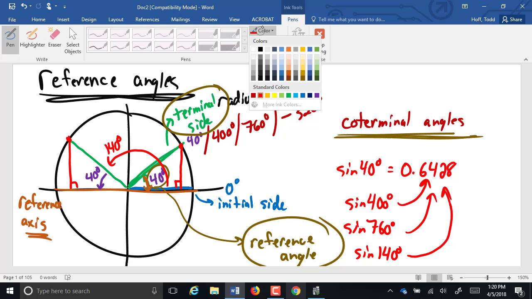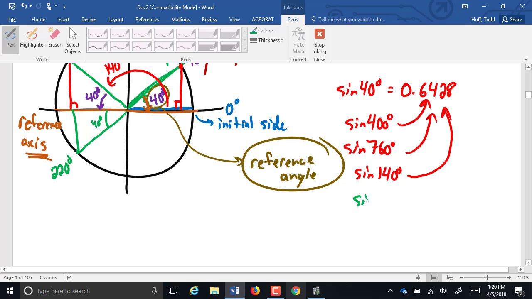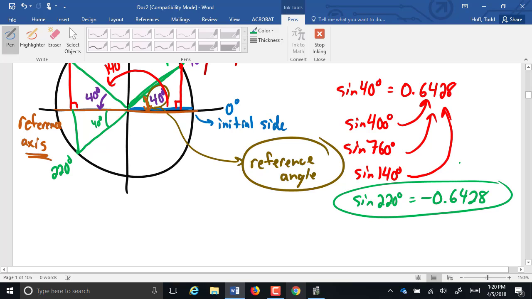Is there another spot here that has a 40-degree reference angle? Yeah, what would that angle be? This one was 140. This one will be 220. You got it. 40 degrees past 180. Guess what the sine of 220 is? Yeah, negative 0.6428. Any other place where there would be a 40-degree reference angle?